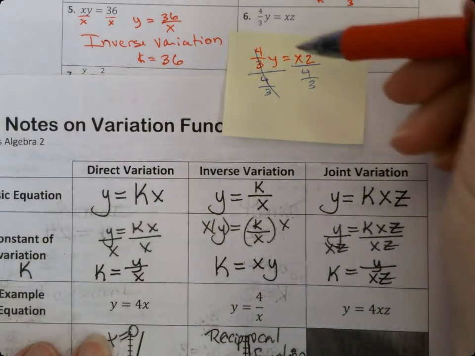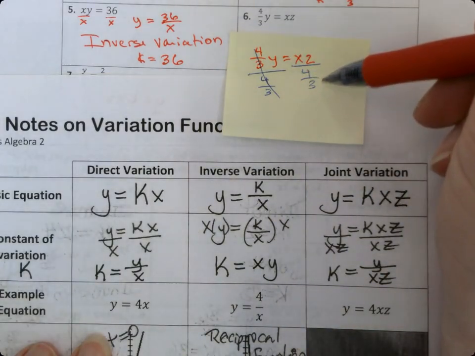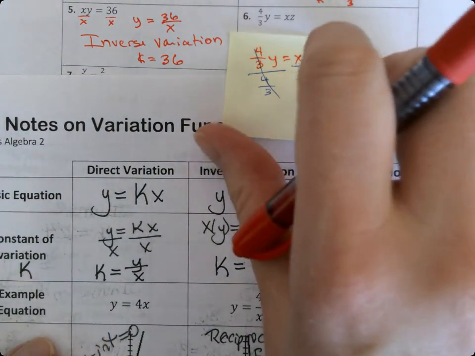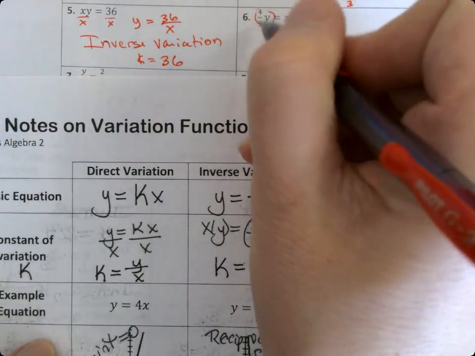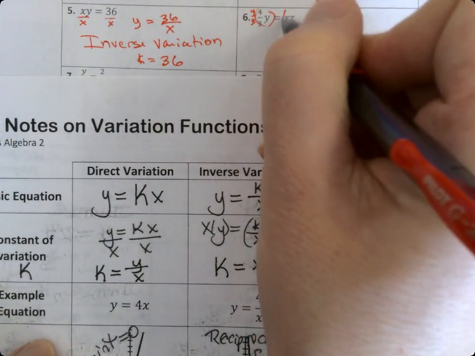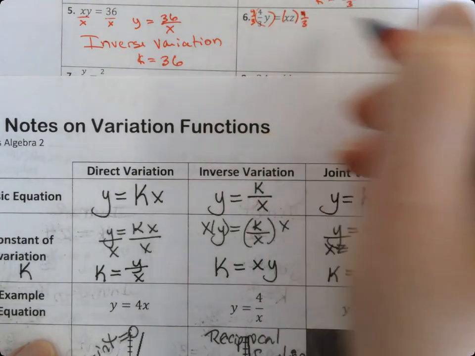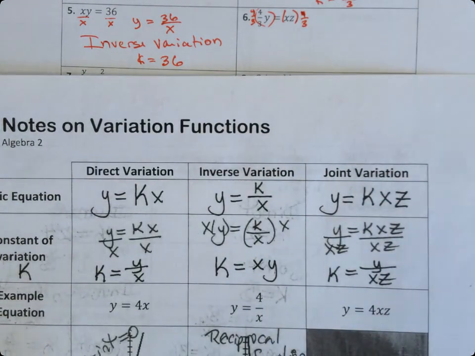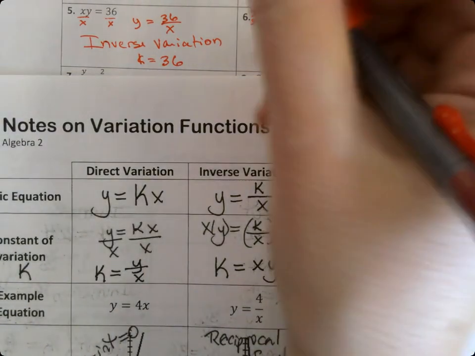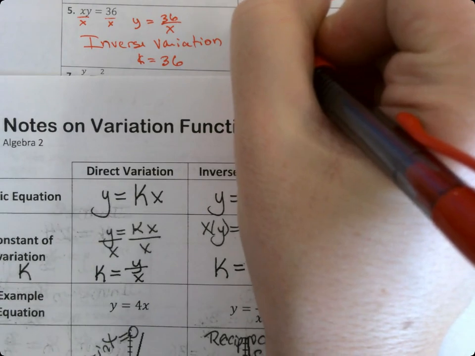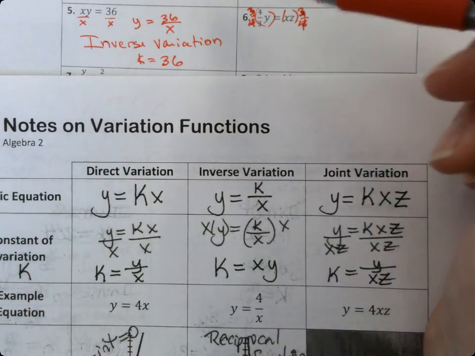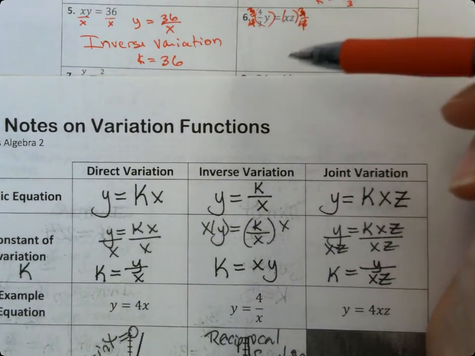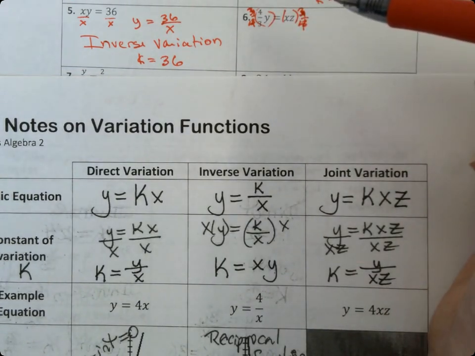Here's the deal. If you do this, you could take 1 divided by 4/3. Most people don't do that. So instead of dividing by a fraction, I would prefer to multiply by the reciprocal of 4/3 on both sides. Now, the other option was to multiply out the 3 and then go back and divide. Did I just write it wrong? I should be multiplying by 3/4. Can you fix it? I wrote 4/3 again. My other option, we multiply both sides by 4, or 3, and then come back and divide.